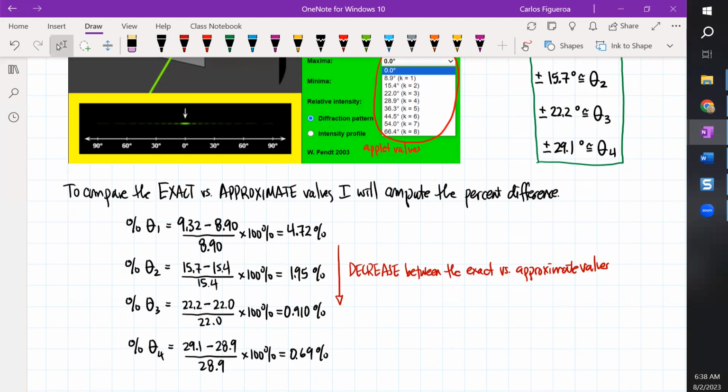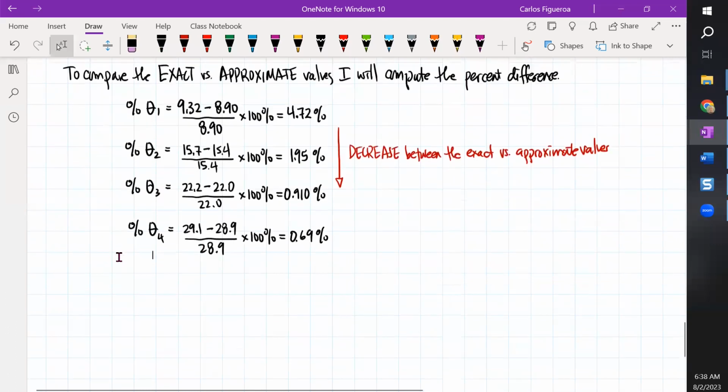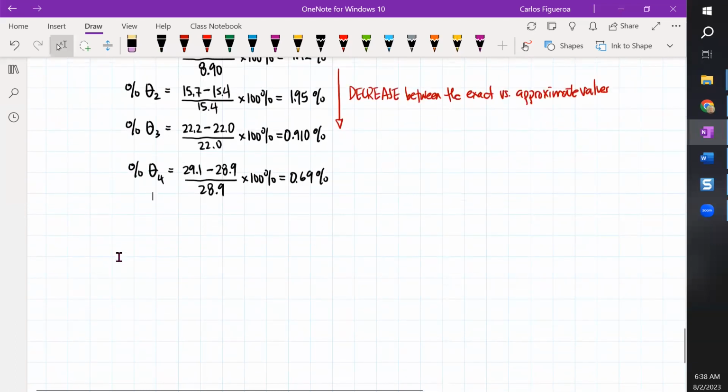So I agree that if you look at the first angular location, it's off by 5%, the second by 2%, and at 3 and 4, we're under 1%. But if you're willing to live with that, then the mathematics is a lot easier.